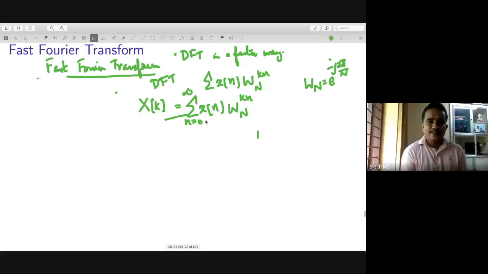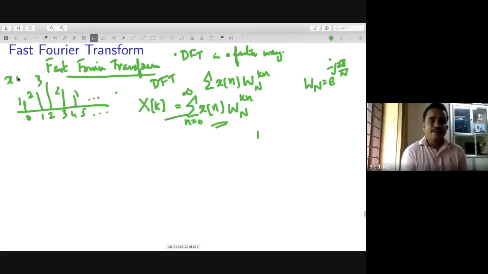Now xn is a signal starting from 0, 1, 2, 3, 4, 5, 6, etc. These have different values. Suppose this is 1, 2, 3, 2, 1, etc. Then you can split this into even and odd terms.